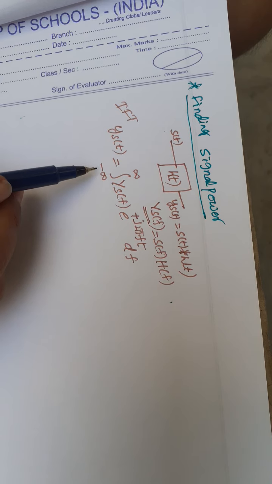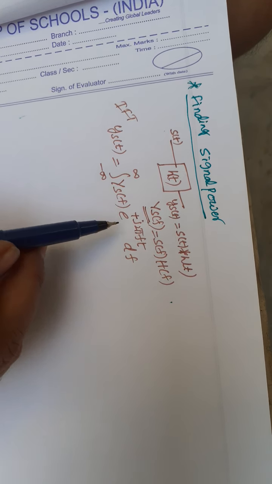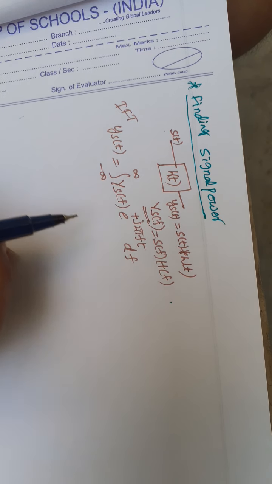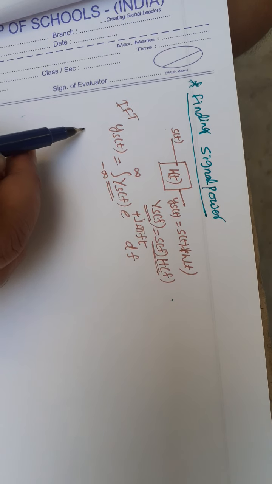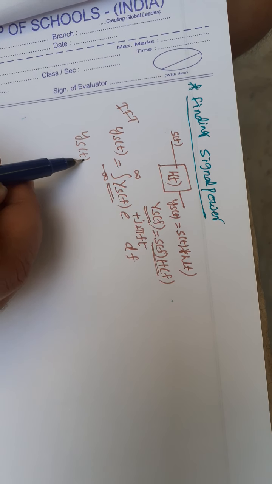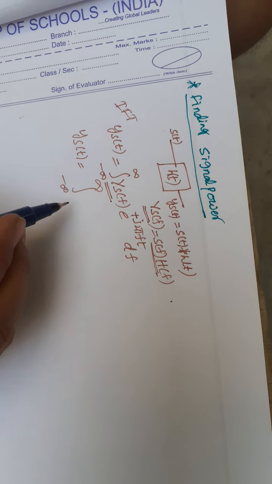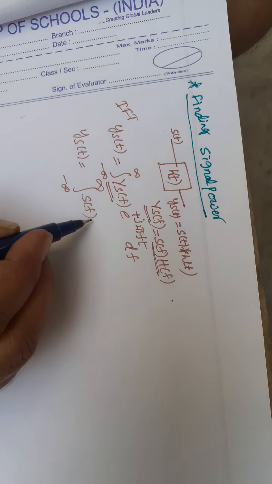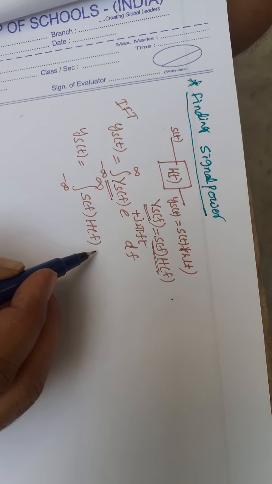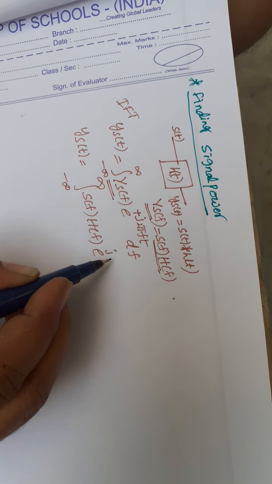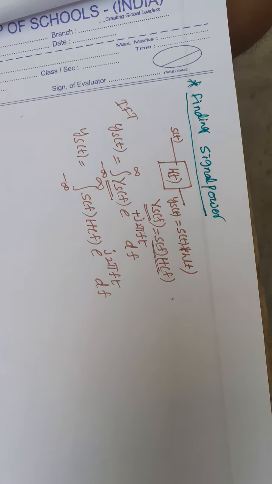We know the value of Y_S of f, so here I want to write Y_S of t is equal to the integral from minus infinity to infinity of S of f H of f, okay, e power j 2 pi f t df.